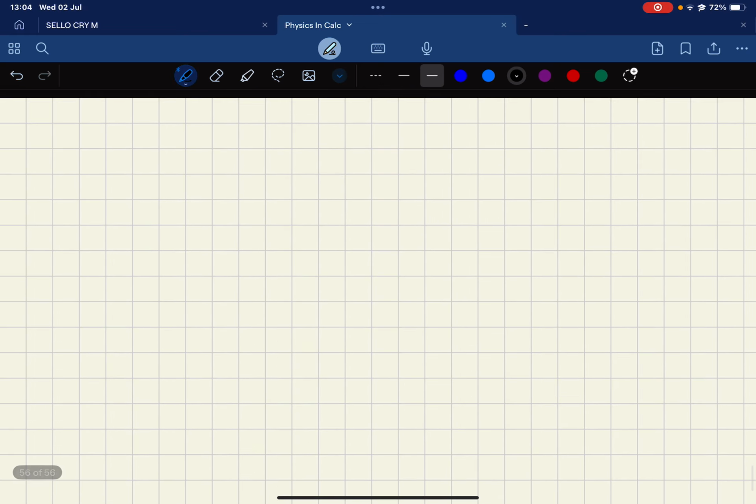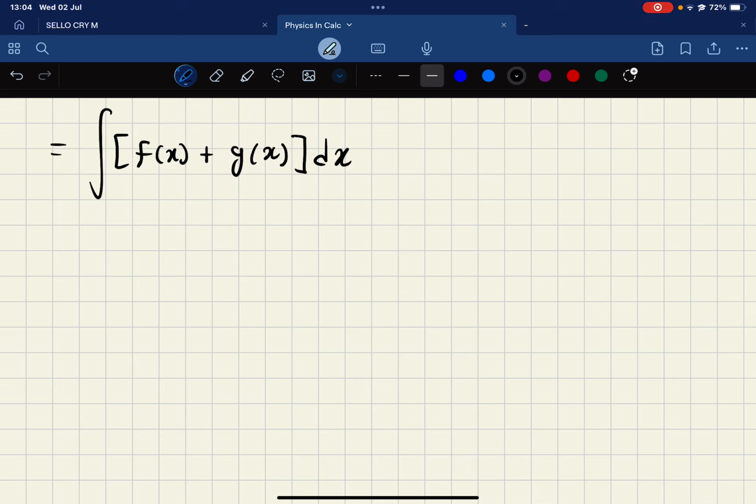So let's go and check another concept. Let's say we have different functions. We're trying to integrate a certain function. We're trying to integrate f of x, we're trying to integrate g of x. Understand? So what are you going to do here? You are going to integrate function by function.